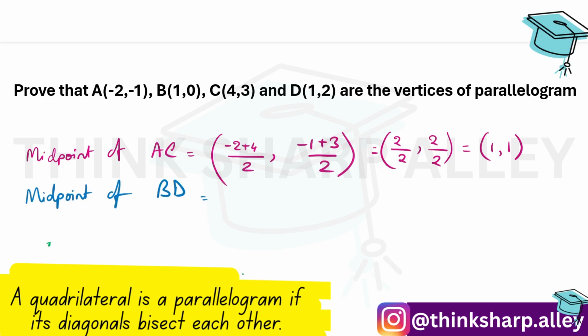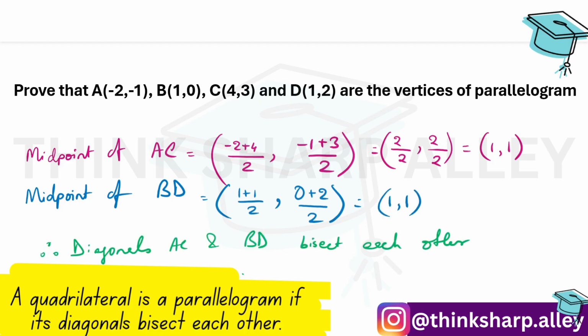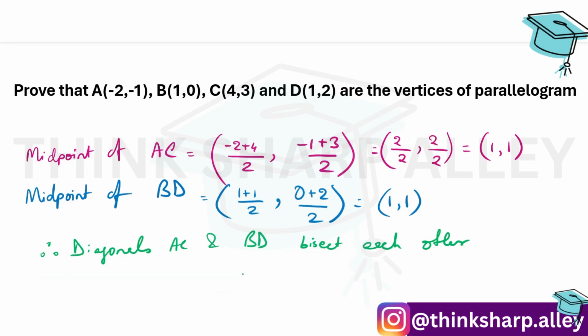Then we find the midpoint of diagonal BD using the midpoint formula and we get (1, 1) again, which means the diagonals AC and BD are bisecting each other because both the midpoints are the same. So ABCD is a parallelogram.